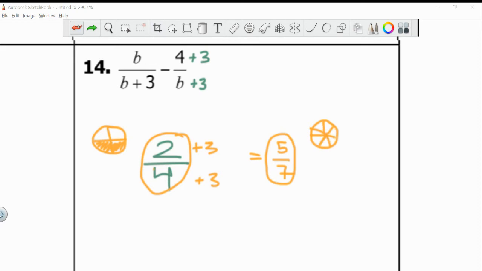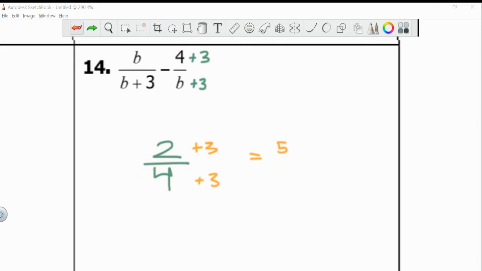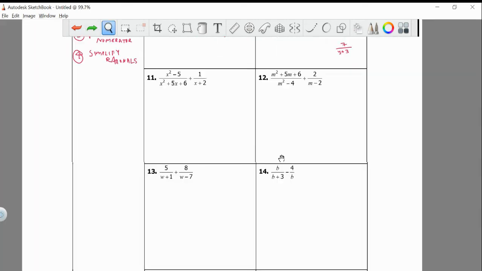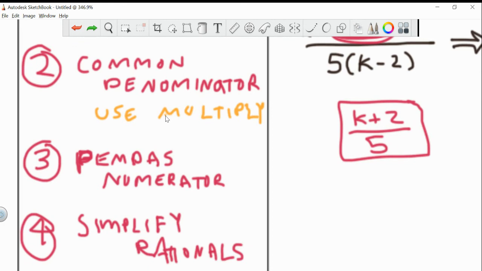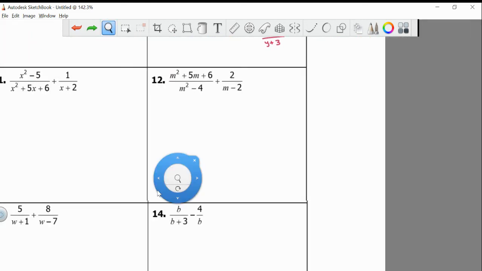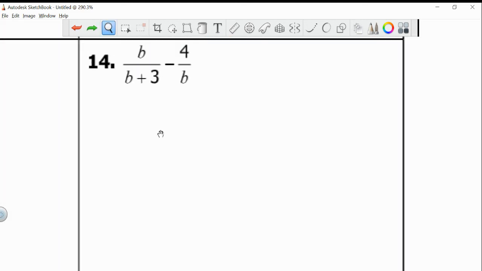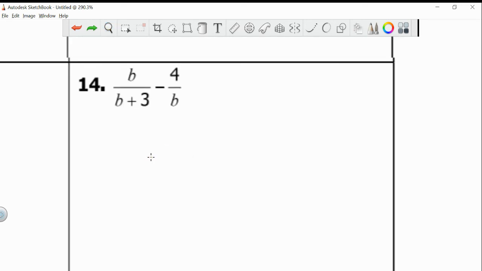Let me not make this so loud. We're undoing all this. Adding 3 is not good. I tried to even give you guys a little hint. If we look back on our list over here, use multiply. That's our only thing we're allowed to do to make these denominators the same. And so looking at number 14, how can we use multiplication to make them the same?